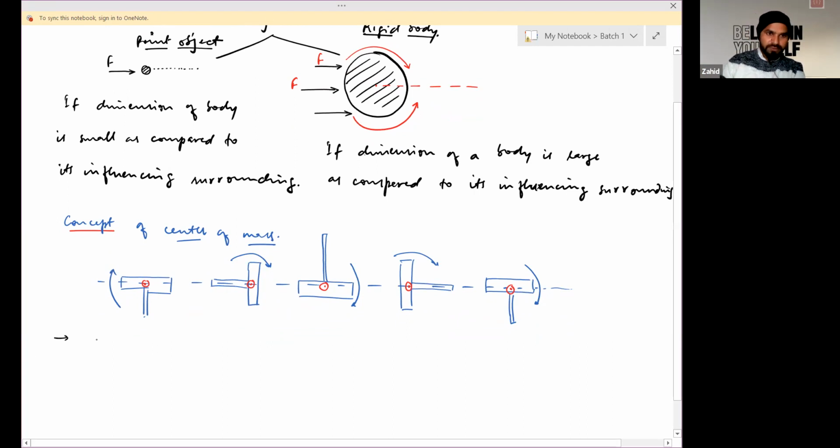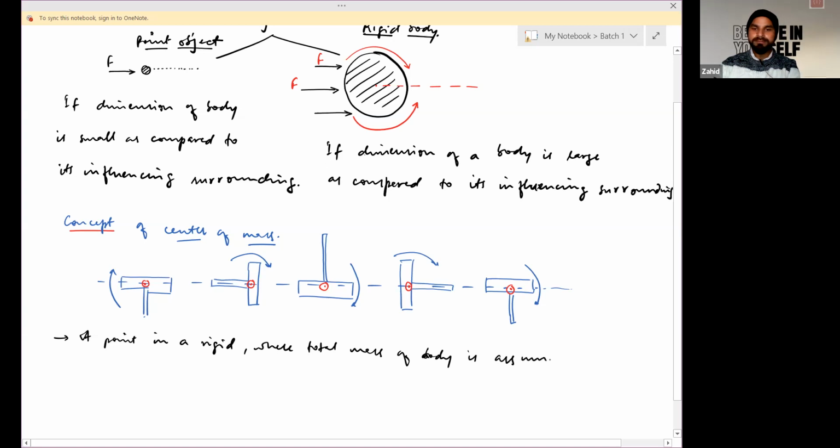So we can say a point in a rigid body where the total mass of the body is assumed to be concentrated.